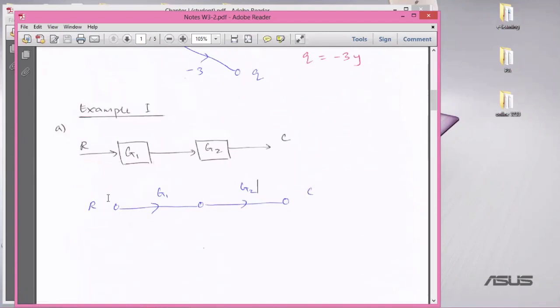Variables are represented by nodes. So for variable R, you have one node. For variable C, you have one node. And you connect them with a branch, and that branch represents the transfer function. We replace a block with a directed line segment.